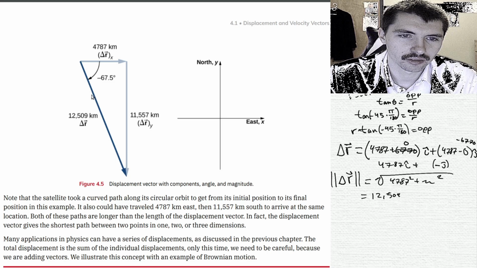And the total distance is 12,000 kilometers. If you're going to beeline it there, that's how much you would go. The component paths should be so. Again, you can do Pythagoras' theorem here: 12k squared equals 5k squared plus 11k squared.